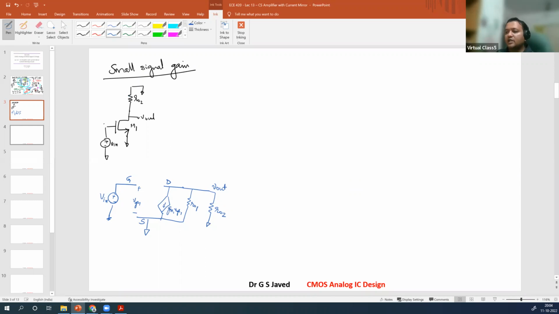So what will be the small signal equivalent? Right? What is the gain? This is your GMVGS. This is your effective R out. So your circuit voltage gain will be written as minus GM1 R out. R out is given as RO1 in parallel with RO2.